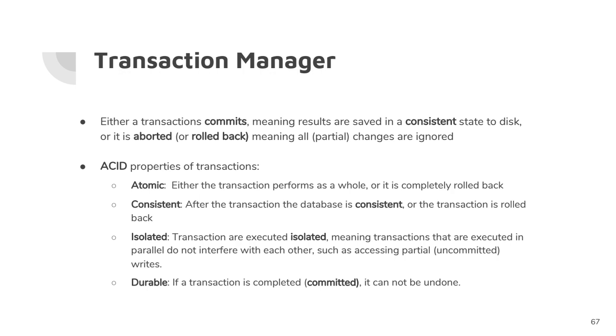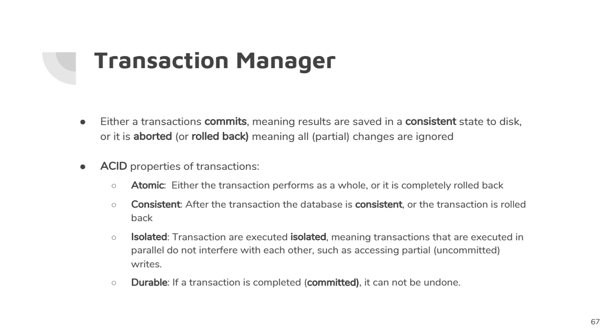And then durable. Durable means if a transaction is completed, so committed, it cannot be undone. So it means it's safe on disk. Even if you shut the server off, it's still persistently saved.